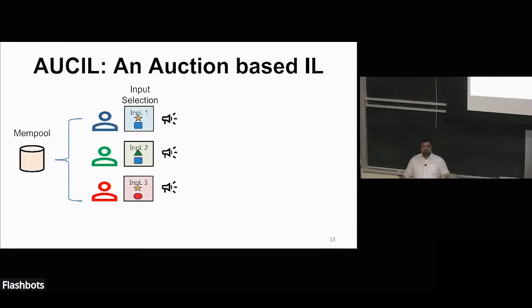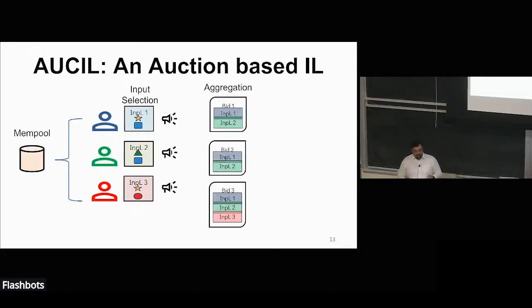Okay, so now moving on to our protocol, which is AUCIL. AUCIL is a multi-validator inclusion list design, in which parties select inputs, and I'll explain how these selections take place in the first place. Then these inputs are broadcast to the next phase, which is the aggregation phase.